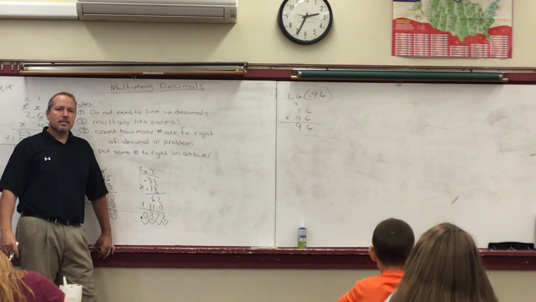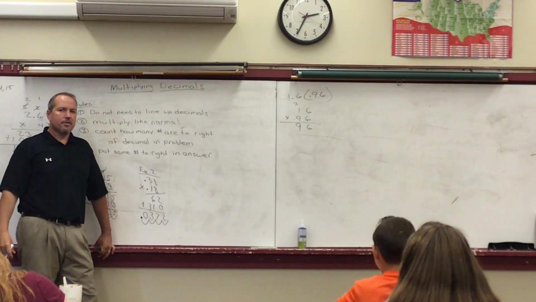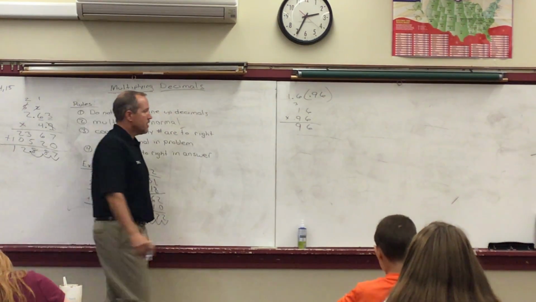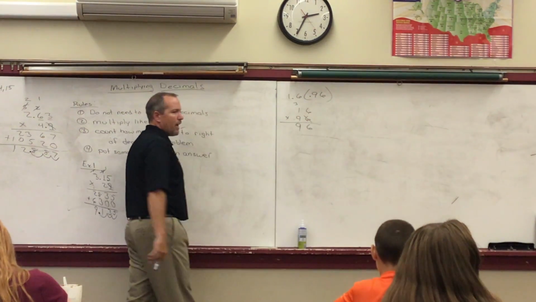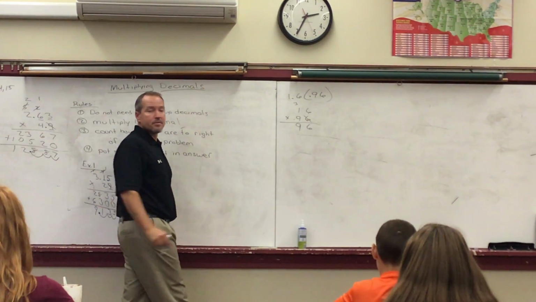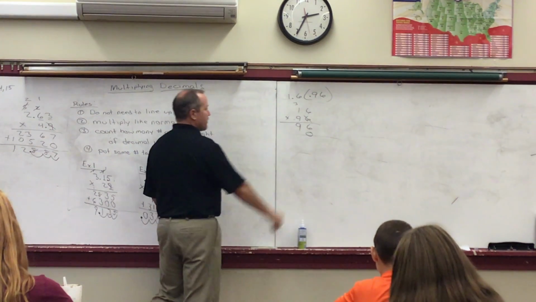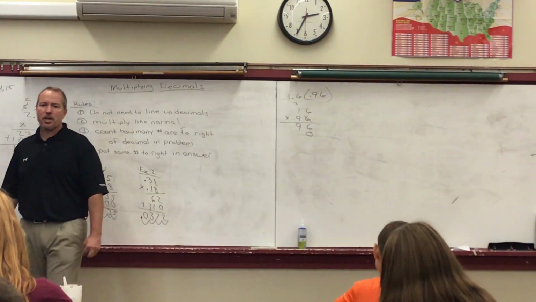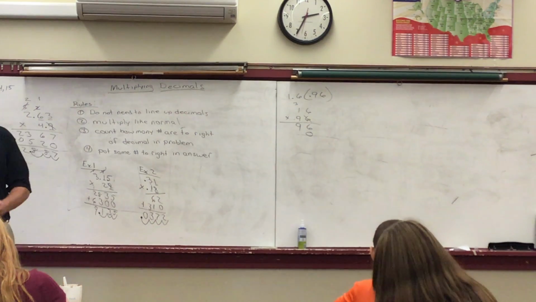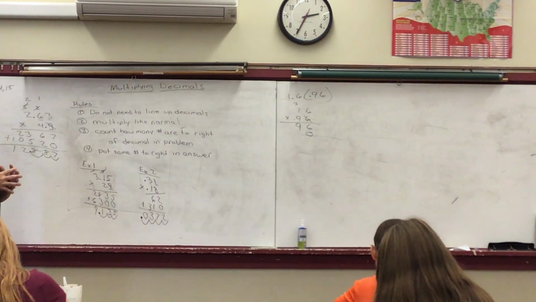Okay? Now, what's the next thing we need to do? Dakota? Cross out the 6. We're done with that 6, so we cross it out, and then put a 0 in its place. Now finish off multiplying with that number.